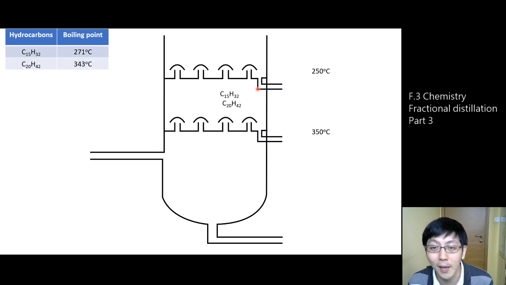For both of the cases, they can pass through the first layer because the temperature here, 350 degrees Celsius, is still higher than the boiling point of these two hydrocarbons. However, they cannot pass through this layer. 佢穿唔過呢一層 because this layer is 250 degrees Celsius. They will be condensed at a certain point in this layer.